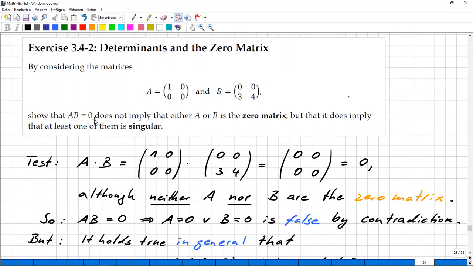I have tried for a long time, not so really, but I've never found an example where only one of these matrices is singular. I only find examples where they are both singular. That would be interesting, but it can't be so hard even. You would just have to set one of the matrices to be invertible, and then an unknown other matrix constructed in such a way that the result is the zero matrix. Interesting task. I haven't made it yet. But that's it for now.